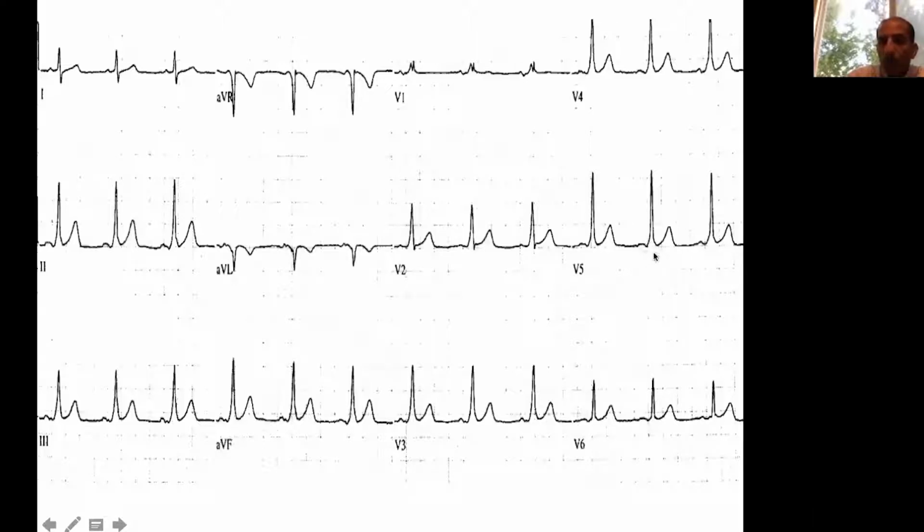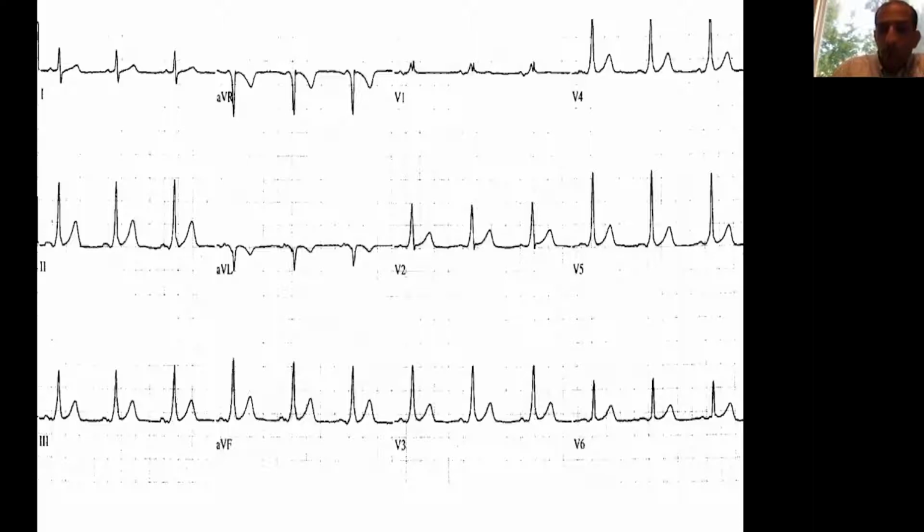When you see these three things, short PR, delta wave, wide QRS, we call it WPW syndrome, or Wolff-Parkinson-White syndrome. If you see that, then you should suspect that most of the fast rhythms in these patients are coming from this disease called Wolff-Parkinson-White syndrome.